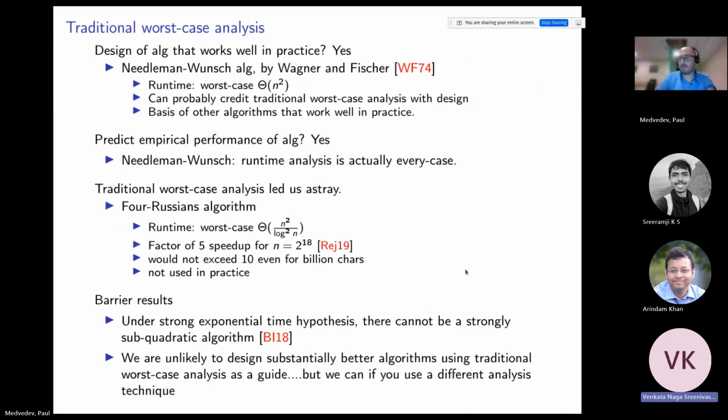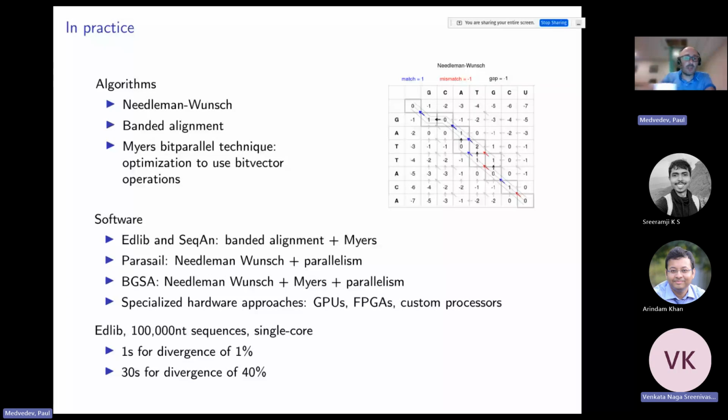What do these percentages indicate? I'll get to that in a second, but since you asked, it's essentially the edit distance as a percentage of the whole length. So a divergence of 1% means that in 100,000 nucleotides, the edit distance is 1,000.